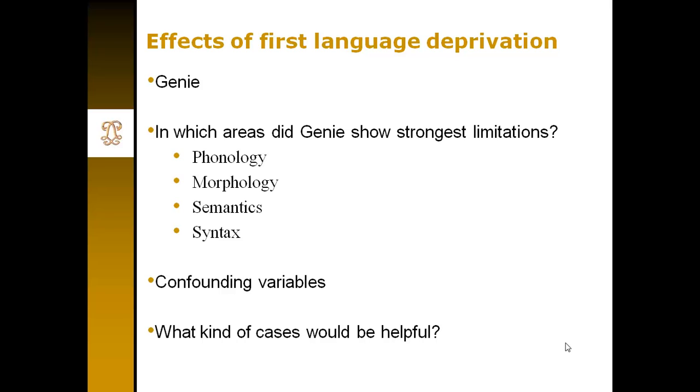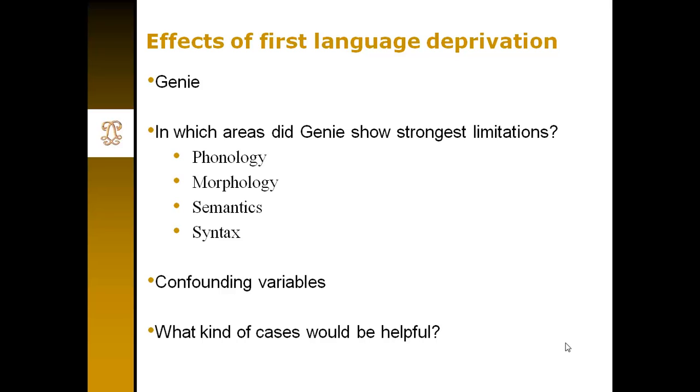Right, and so that begs the question of what kind of cases would be helpful to us. I mean, Jeannie was deprived of language, but she was deprived of a lot of other things too. She was deprived of loving parents. She was deprived of interaction with normal human beings.